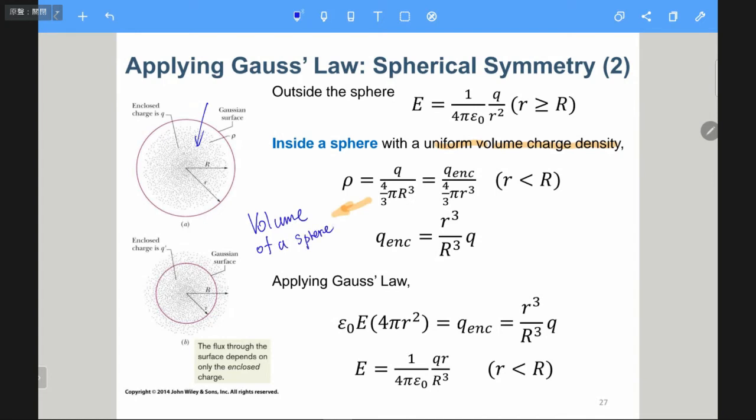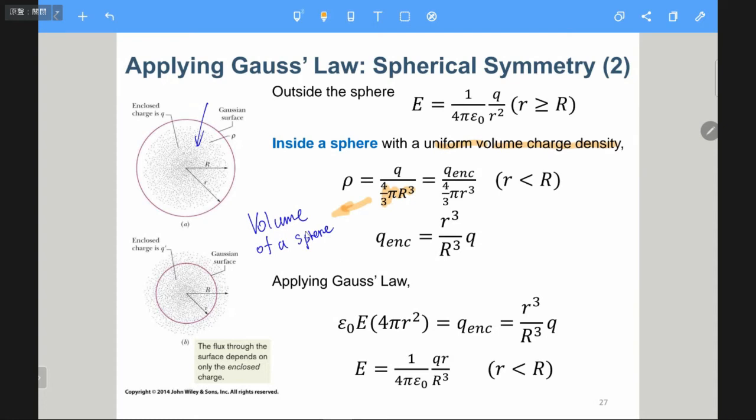So I suppose you should have learned it in high school. So this one. And likewise, we also define the Gaussian surface inside this sphere, with small r to be the radius of this Gaussian surface.